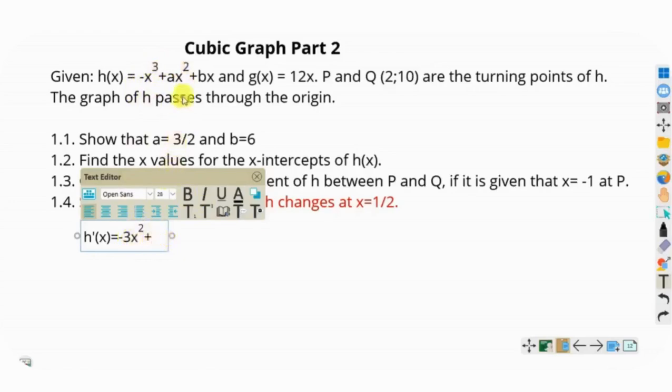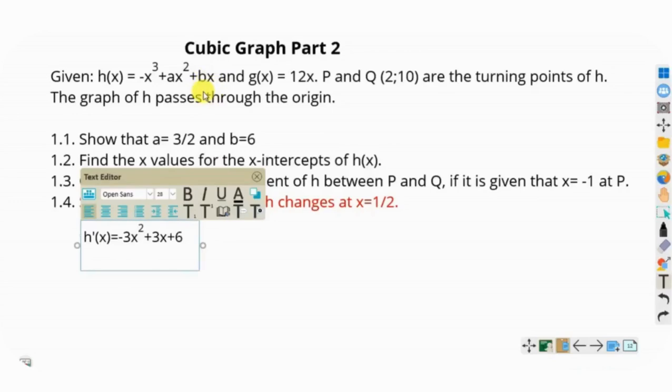Then when you come to the second part, because now we know a is 3 over 2, 2 times 3 over 2, the 2 cancels, you remain with 3. It's going to be 3x, and 2 minus 1 is 1. Then b is 6x here. When you derive 6x, you remain only with 6. Okay, so that is the first derivative.